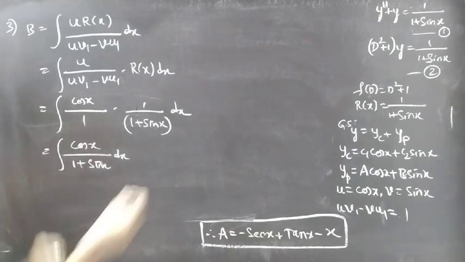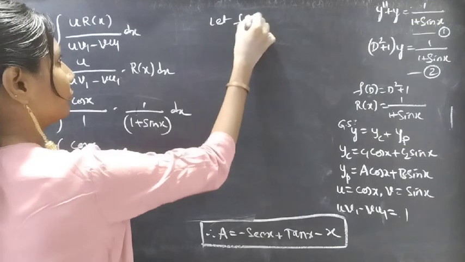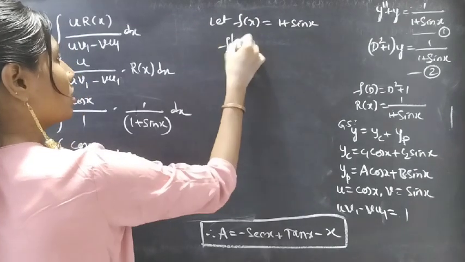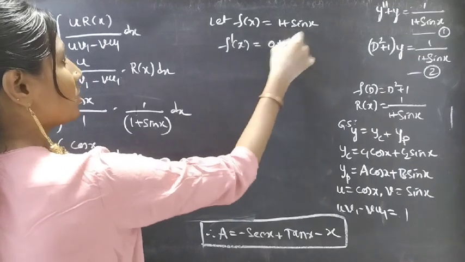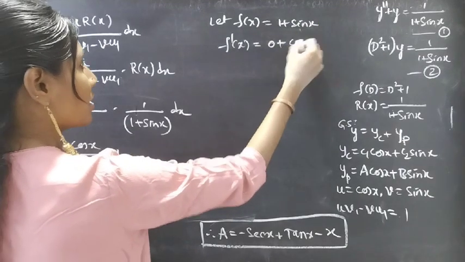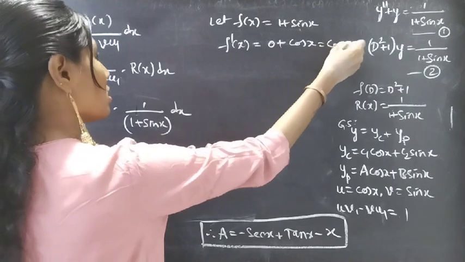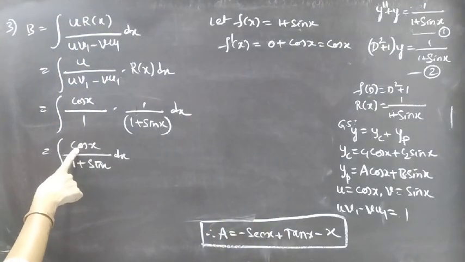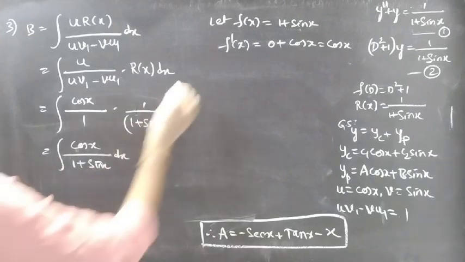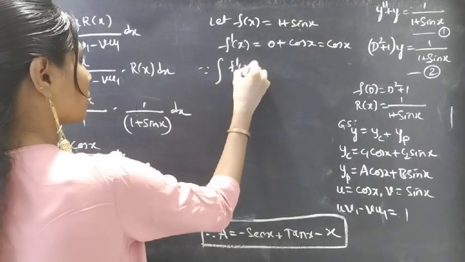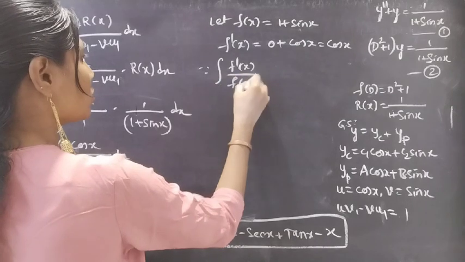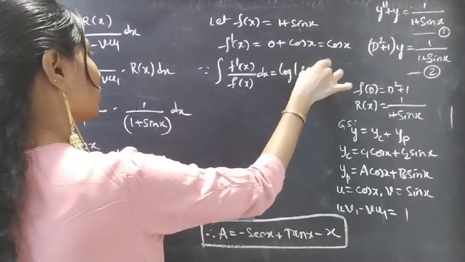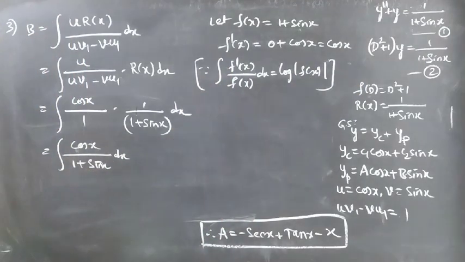Let f of x equal 1 plus sin x. Then f dash of x will be derivative of 1 with respect to x is 0 plus derivative of sin x with respect to x is cos x, which equals cos x. And the integrand is of f dash of x by f of x form. Since we know that integral f dash of x by f of x into dx equals log mod f of x, we can apply this formula here.